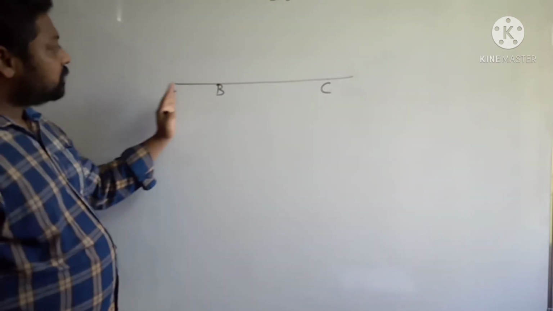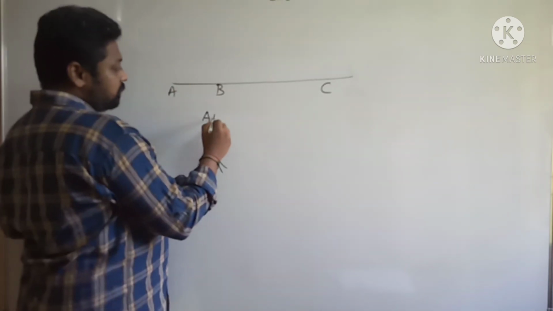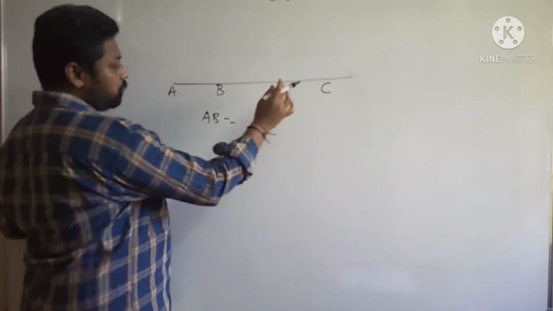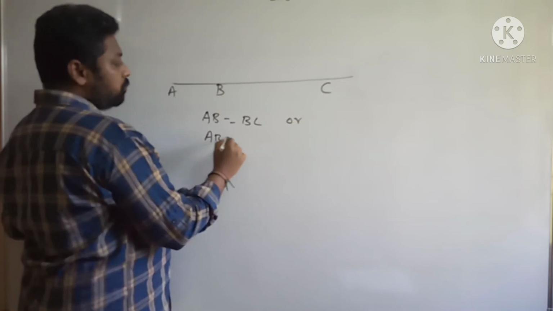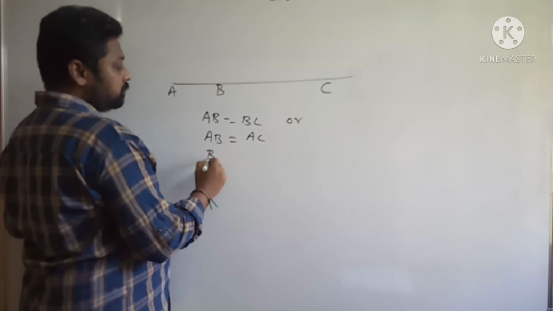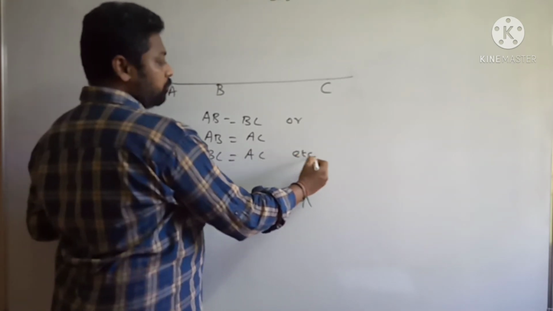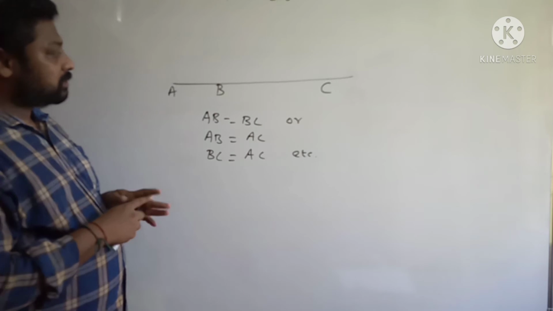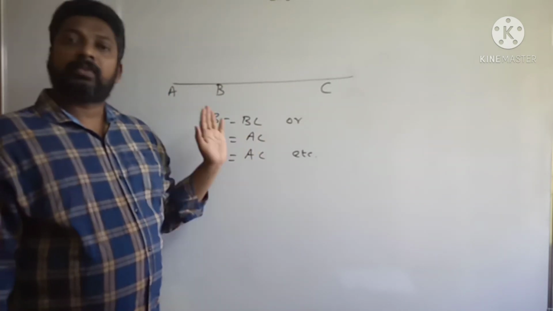If these three points are collinear, then AB should be proportional to BC, or AB should be proportional to AC, or BC should be proportional to AC, and so on. If this condition is satisfied, then the points A, B, C are collinear.